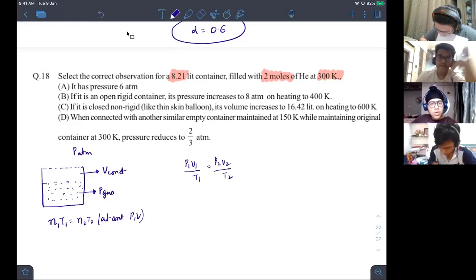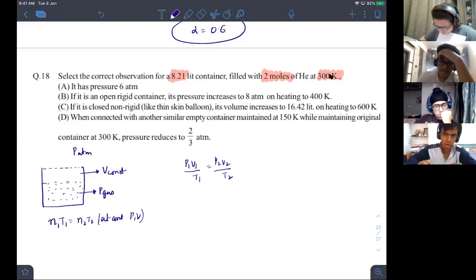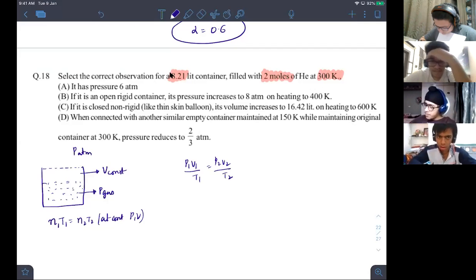So original number of moles are constant. Tell me whether statement C is correct. Ansh, okay. Right. Ansh, check D option, beta. D option once again. Yes, sir.